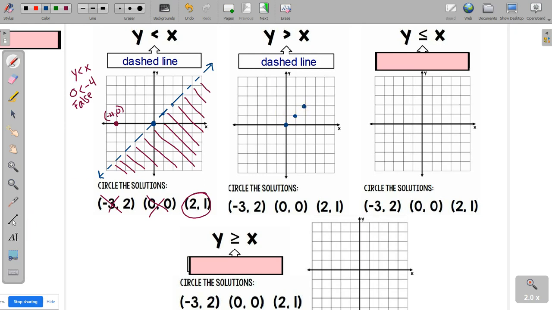We are going to draw our line, and we are drawing a dashed line. I'm going to use the eraser to create the dash.